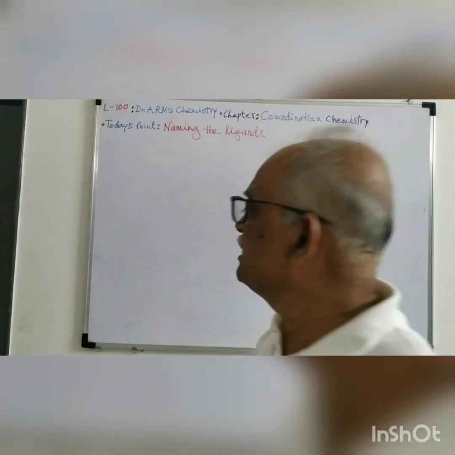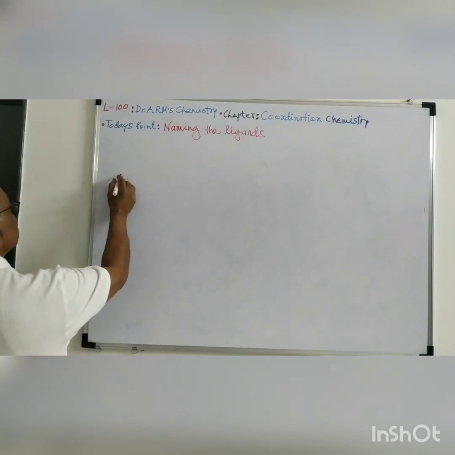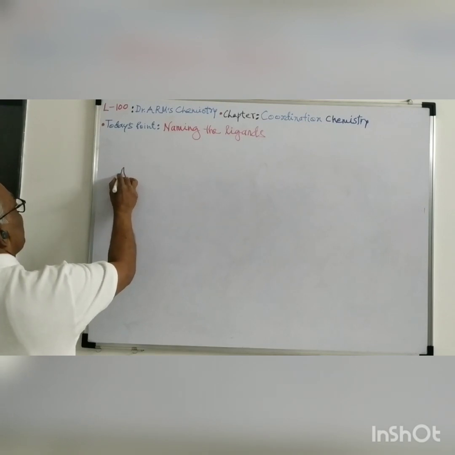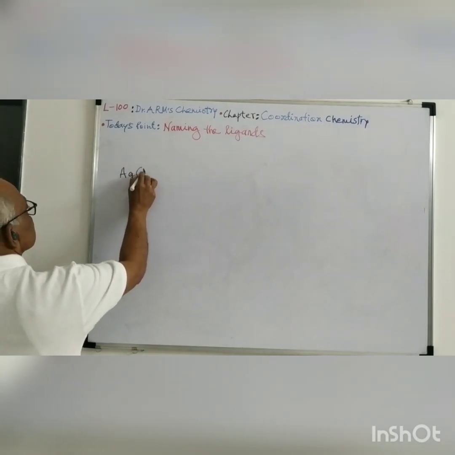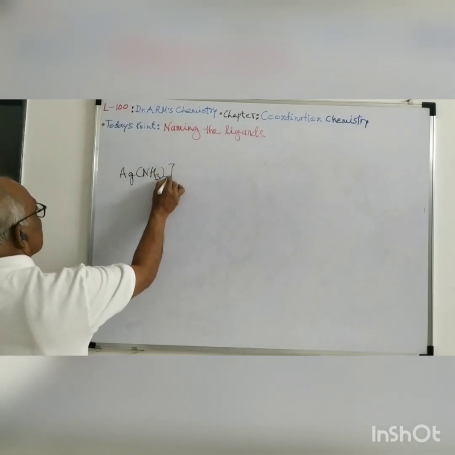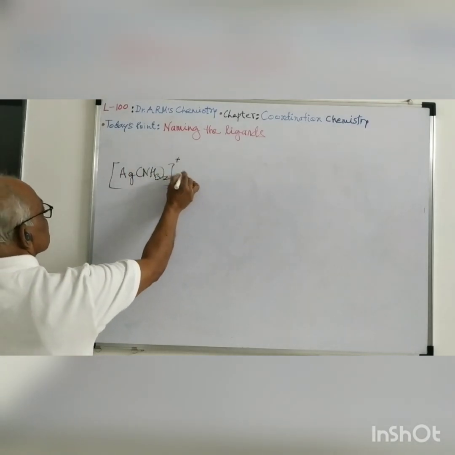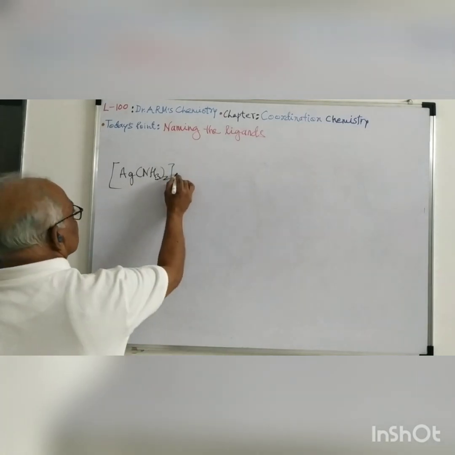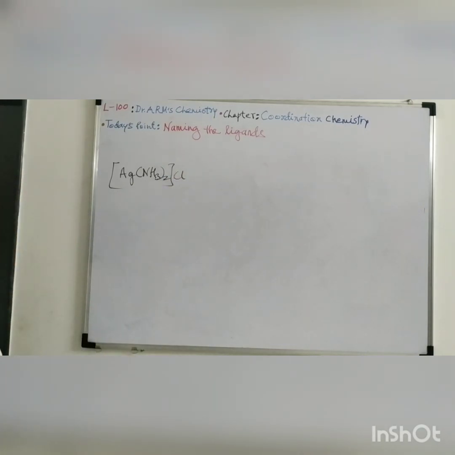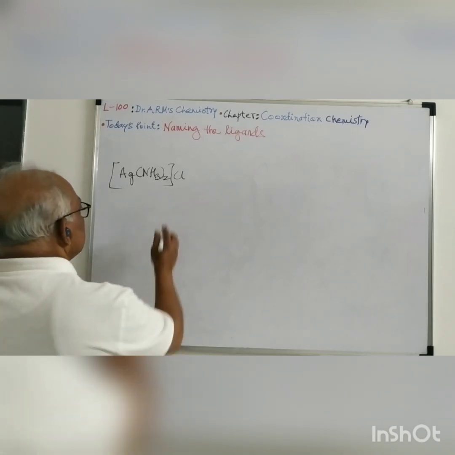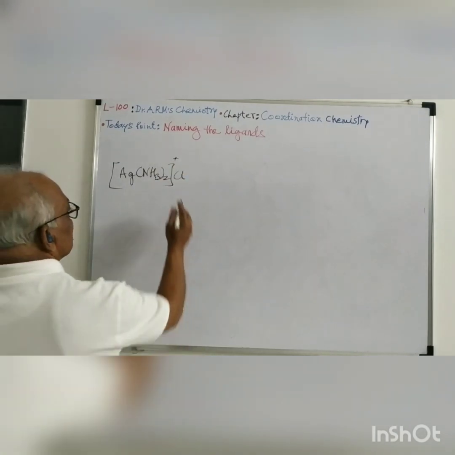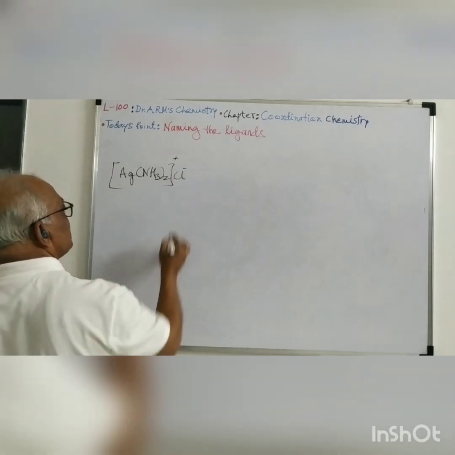We can take the example of [Ag(NH3)2]+. If we neutralize this charge by Cl minus, we get the formula [Ag(NH3)2]Cl. So here the part shown in the square bracket is cationic, and the next part is the ionic anion.